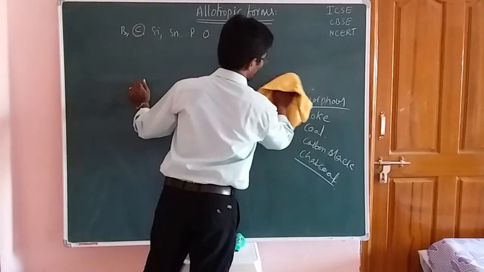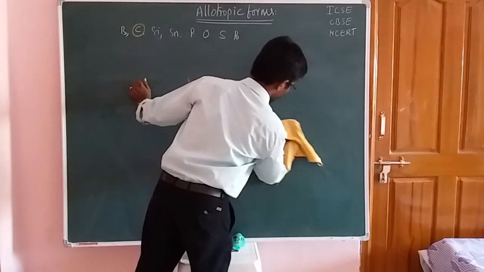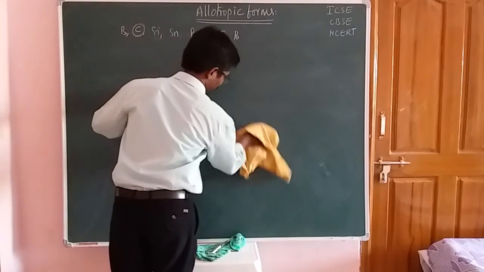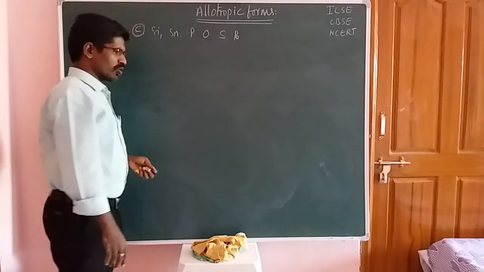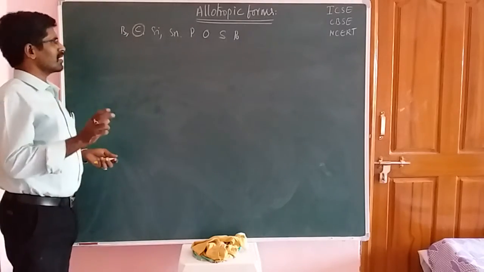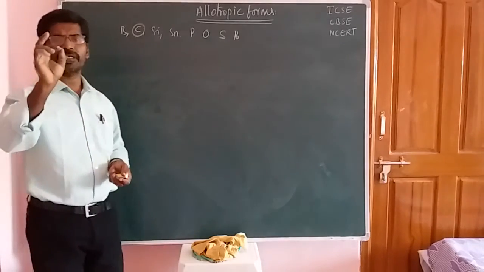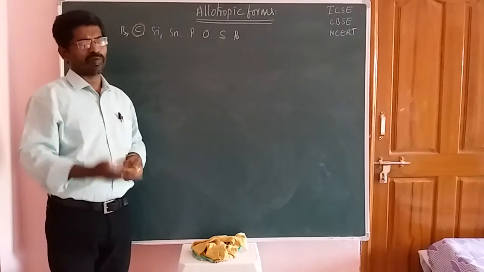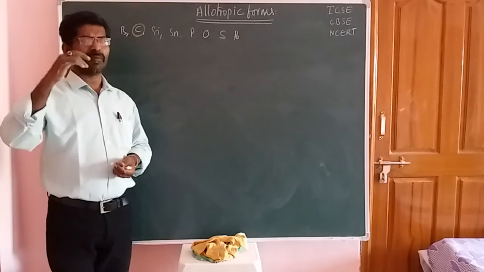Students, I hope these are very clear to you. Next is the silicon allotropic forms. Silicon exhibits two types of allotropes: one is the crystalline allotrope and the next one is the amorphous allotrope.